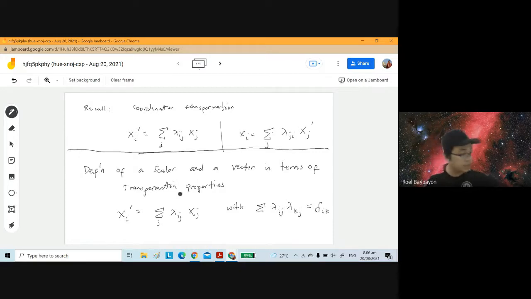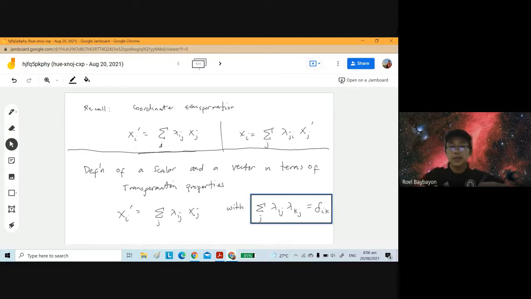So by definition of the Kronecker delta, we have this expression, the delta ik.